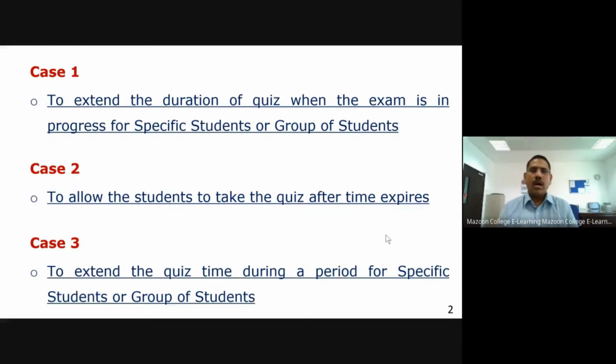So how are we going to give a specific student more time, but within the period? We are going to give the time extension of 45 minutes or 1 hour to a specific student, but for a regular or bright student we give 30 minutes. This is case 3.